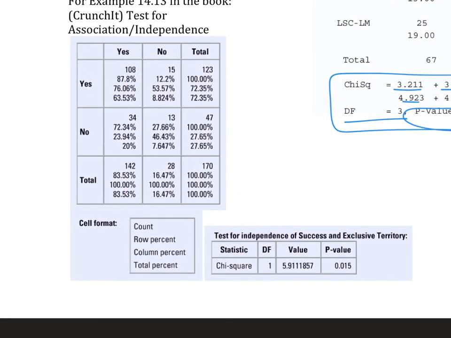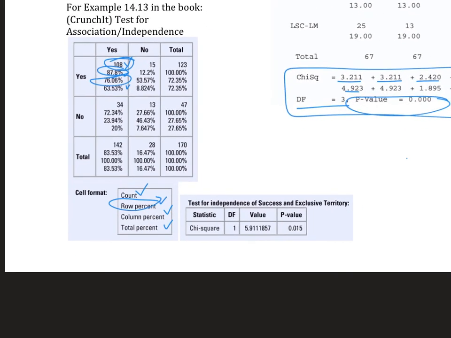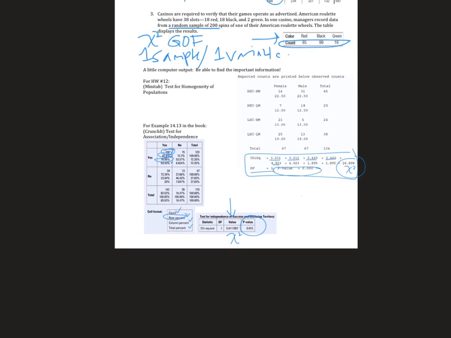For this right here, it has a bunch of stuff, but then they tell you what it means. Here's the count. Here's the row percent. Here's the column percent and total and all that stuff. And they also give you a chi-squared value, and here's your p-value. Okay, so computer outputs are going to output things like that.